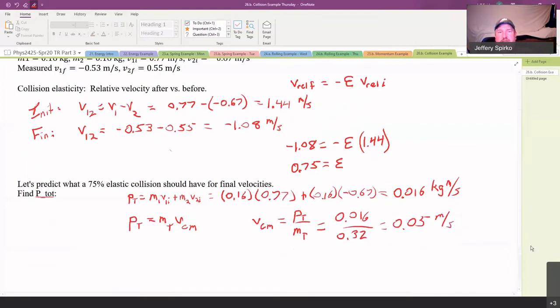So even though the one object is moving plus 0.77 meters per second, the other object is moving minus 0.67, their average is plus 0.05.